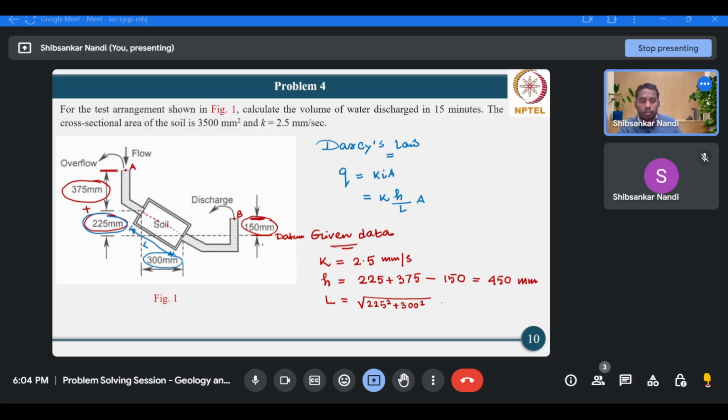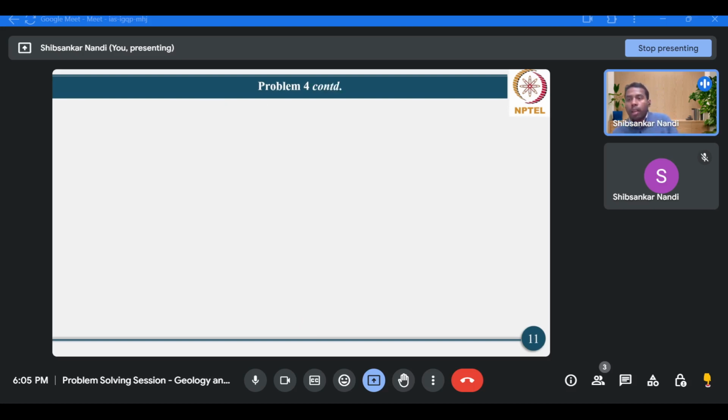Okay, this will give you 375 mm, and the cross sectional area is given as 3500 mm square. So these are the data which are required to calculate the volume of water discharged in 15 minutes.